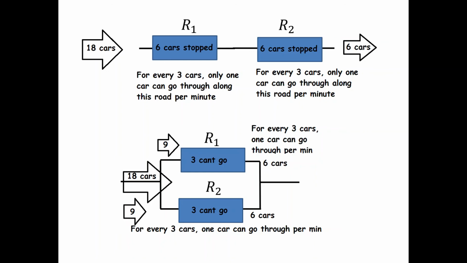So it splits off into 2 lots of 9, and because for every 3 cars, 1 car cannot go through, 3 can't go along the top road, and 3 cars can't go along the bottom road. So 9 minus 3 at the top road is 6 cars, so 6 cars can go through the top road, and 6 cars can go through the bottom road. That means a total of 12 cars will go out. So that's what it means.